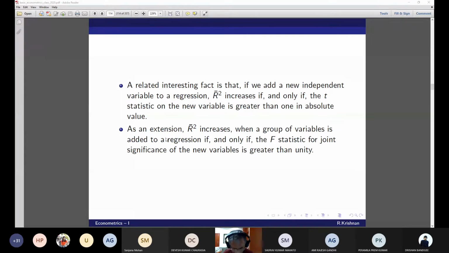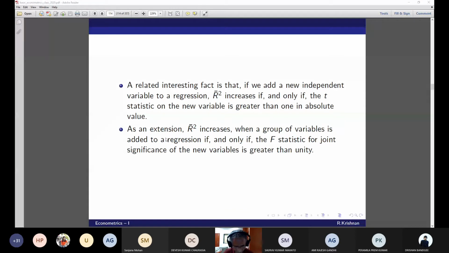Exactly. First of all, you will get a t-stat to see whether it is statistically significantly different from 0, for the 6th variable. Suppose the t-stat is 1.5.